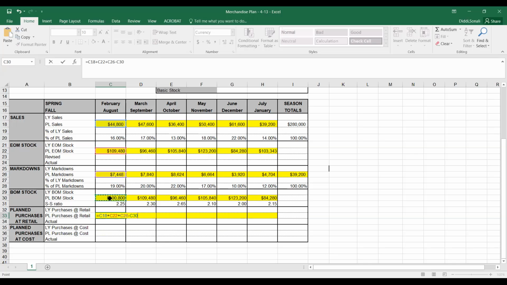Sales plus EOM plus markdowns minus BOM is equal to planned purchases at retail.